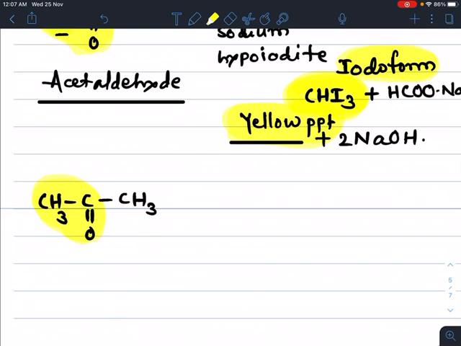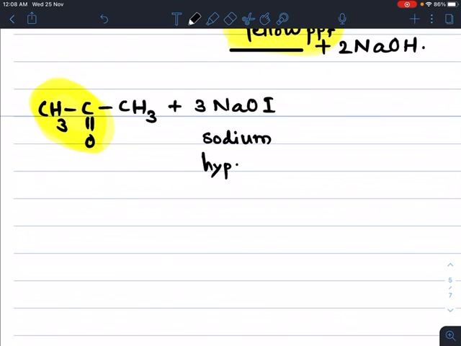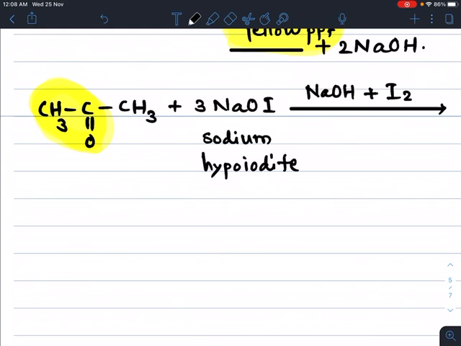When it undergoes the haloform test, the reaction takes place with sodium hypoiodite, NaOI, and this sodium hypoiodite is supplied from the sodium hydroxide and iodine mixture, and the mixture is heated.